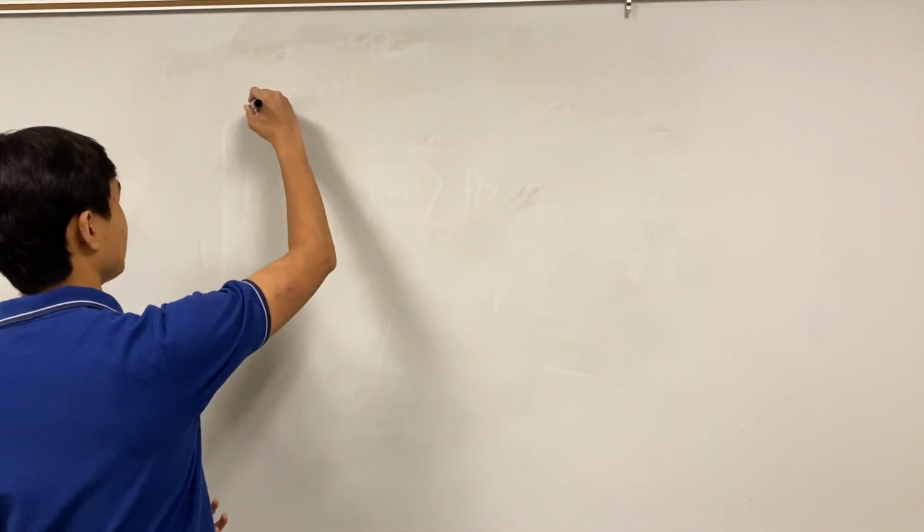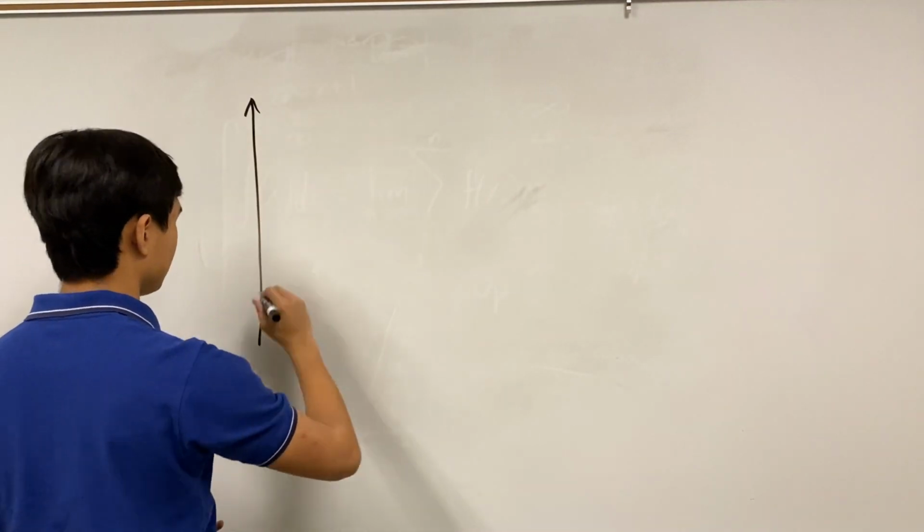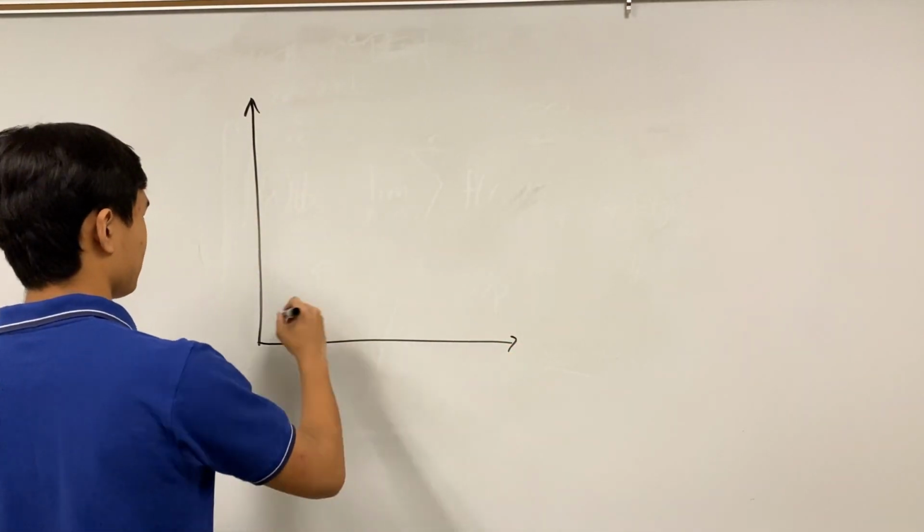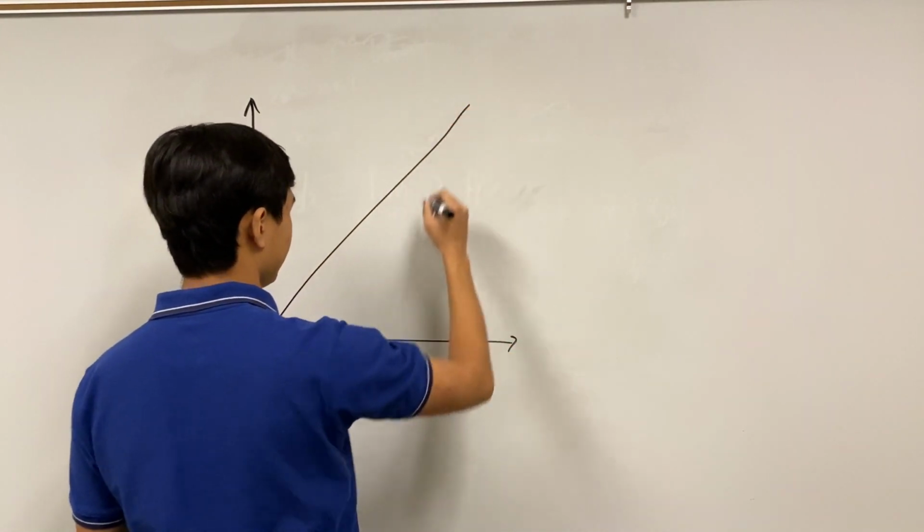Imagine you had to find the area under a graph. And it's pretty simple for a linear graph like this.